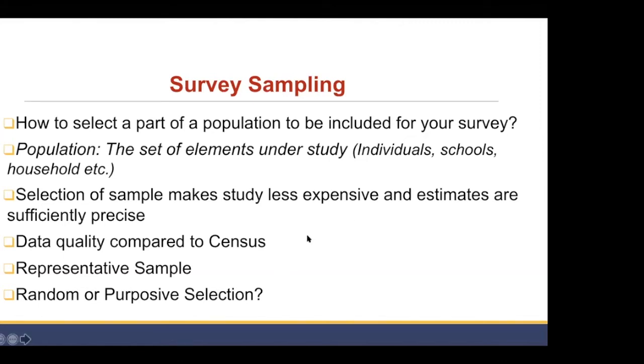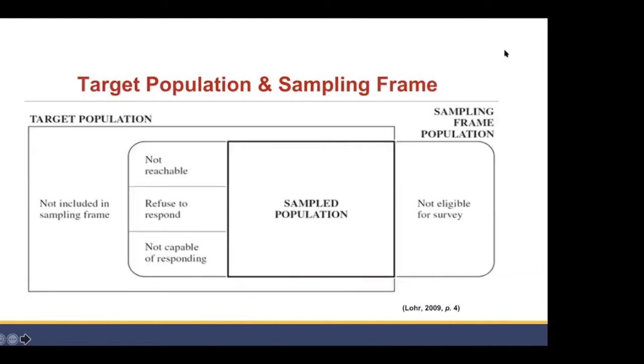So in the next slide, I'm going to show you a pictorial overview of the target population and the sample. So Vikram, next slide, please. Yeah, thank you. While doing the sampling, the things that come to mind are the sampling frame and your target population.